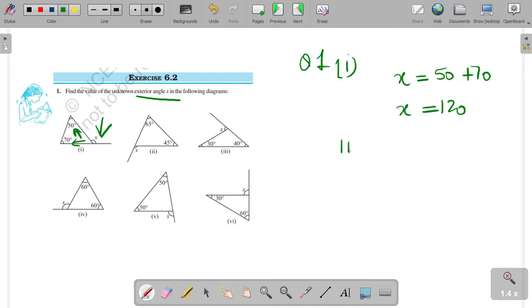Similarly, the second part, X is equal to 65 plus 45. X is equal to 110.